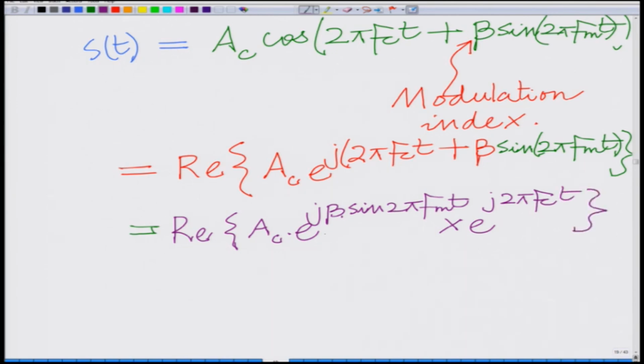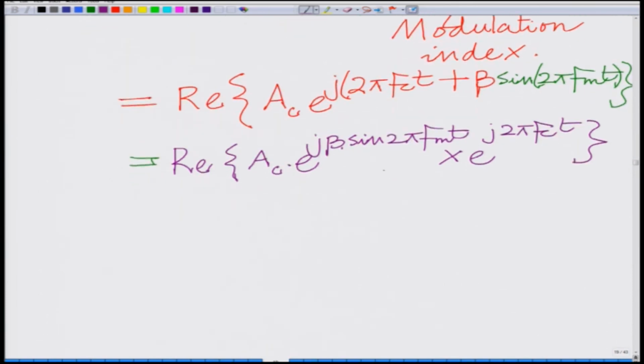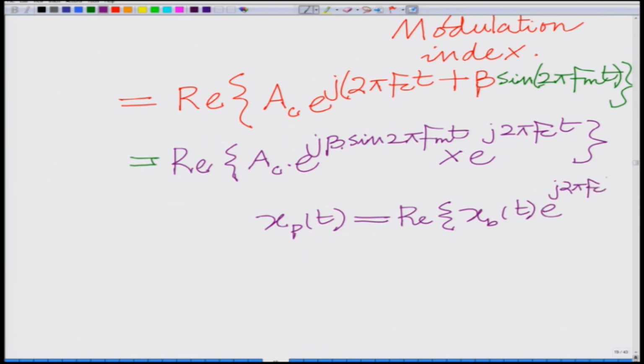And we know that whenever I write a signal in this fashion, that is the real part of some signal times e to the power of j 2 pi f_c t, this is the complex baseband equivalent signal, okay. So, when we have a passband signal x_p(t), it is the real part of x_b(t), which is a complex baseband equivalent signal, times e to the power of j 2 pi f_c t.